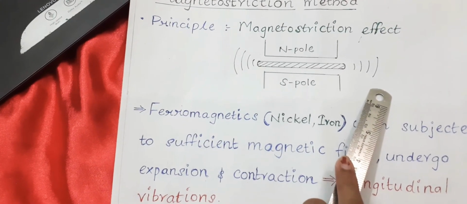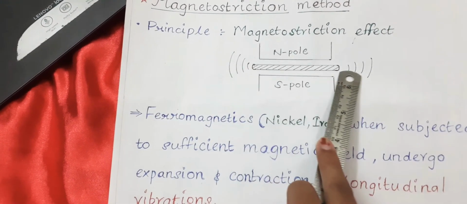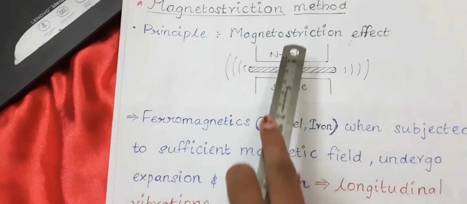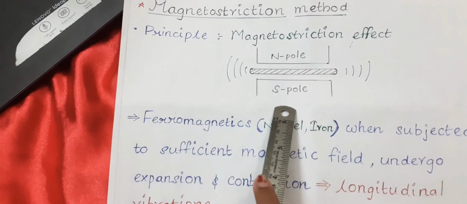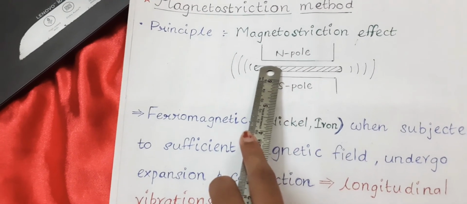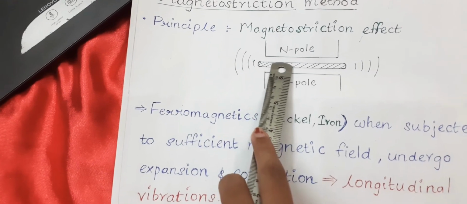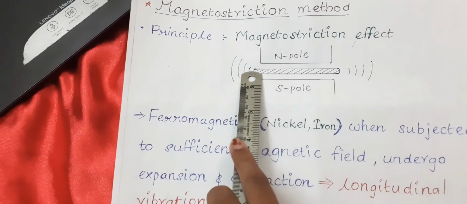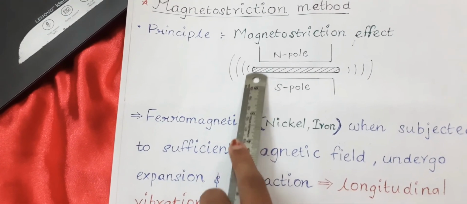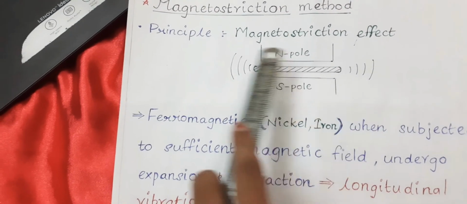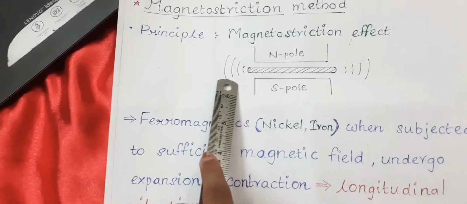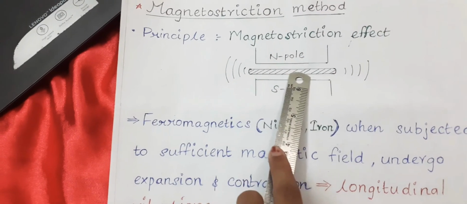Then the elastic property of a ferromagnetic material will change in the presence of a strong magnetic field, and the rod will expand or contract linearly. And due to the linear expansion and contraction, the particles in the medium will also vibrate with the same frequency.